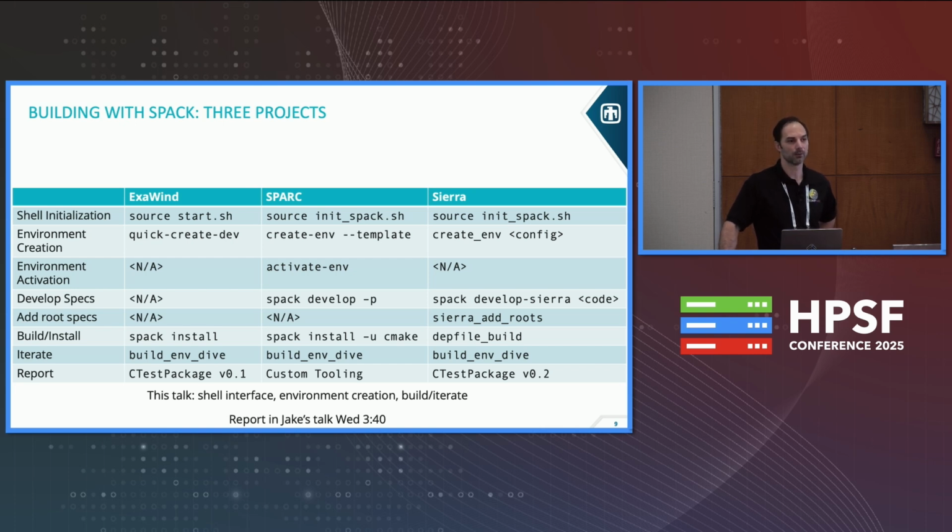And I'm going to talk about why for the rest of the talk. So I'm going to break it into basically 3 groups. We're going to try to take a macro level and not dive into each one. But there is basically some sort of shell interface that is the starting point for all of these projects. There is a bunch of stuff involved in environment creation, which we'll talk about. And then we're going to talk about building and iterating.